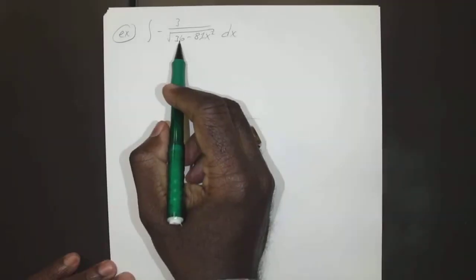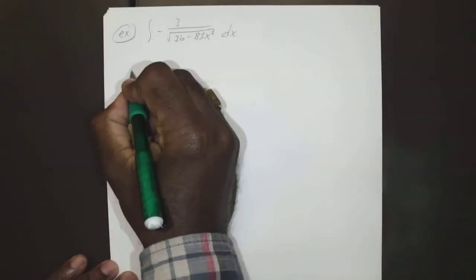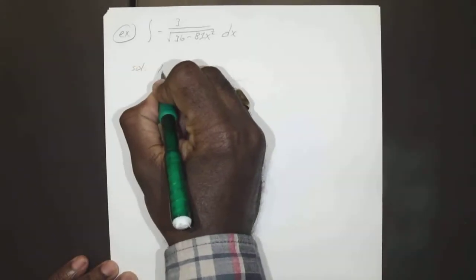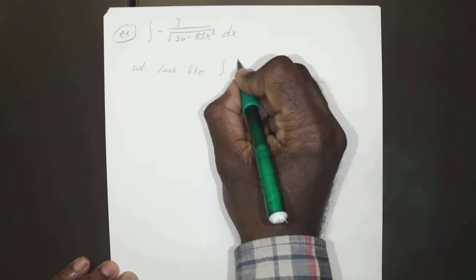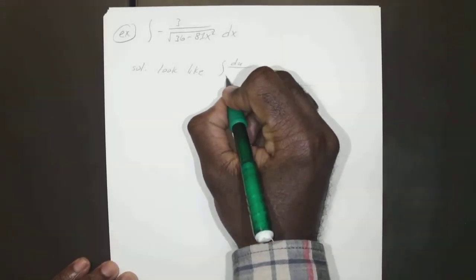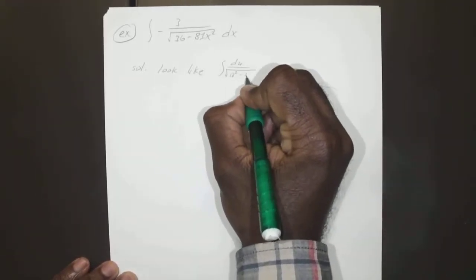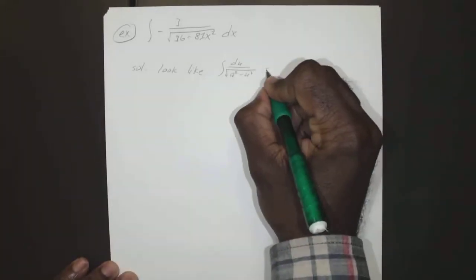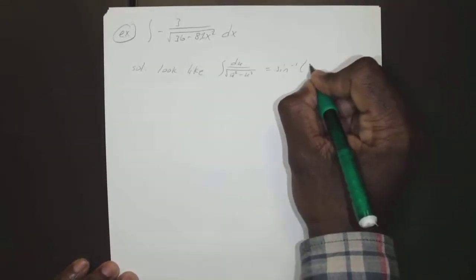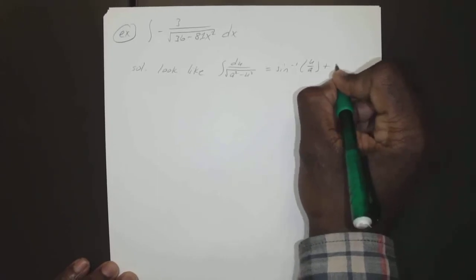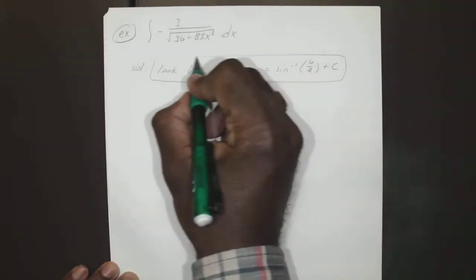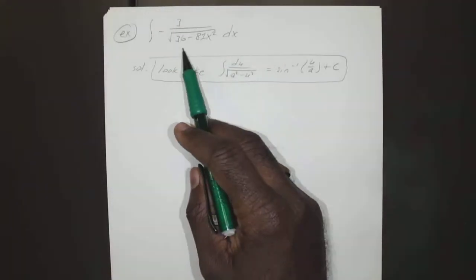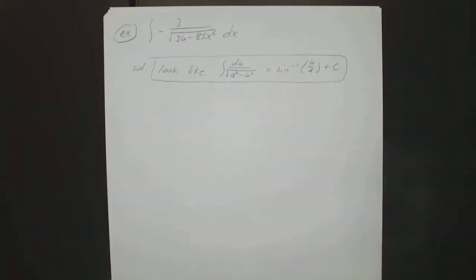So here you have the square root of a number minus a variable term. So it looks like the integral of du over the square root of a squared minus u squared, which is equal to sine inverse of u over a plus c. So you have your square root and you have your number minus your variable term.